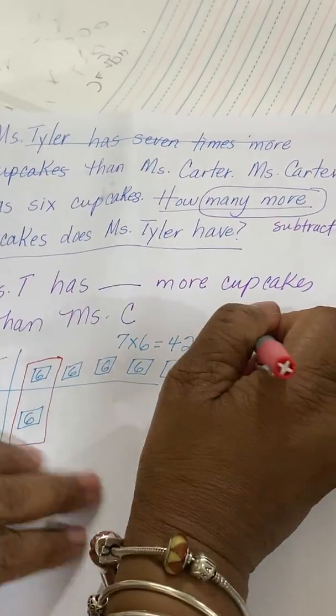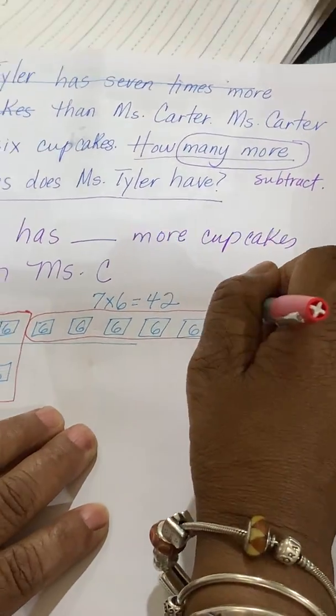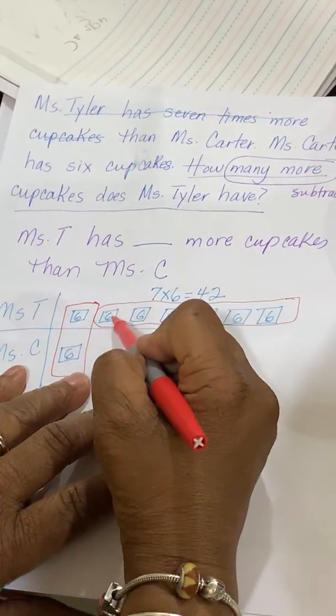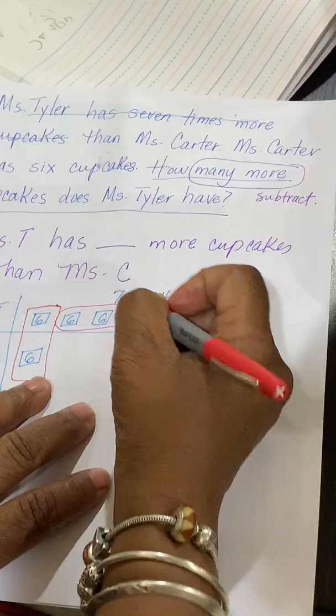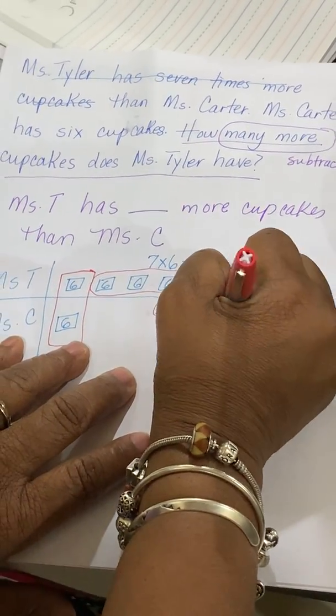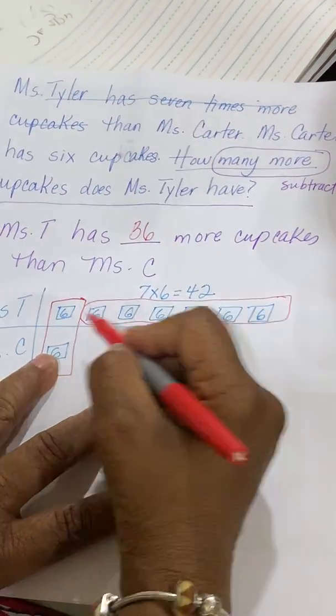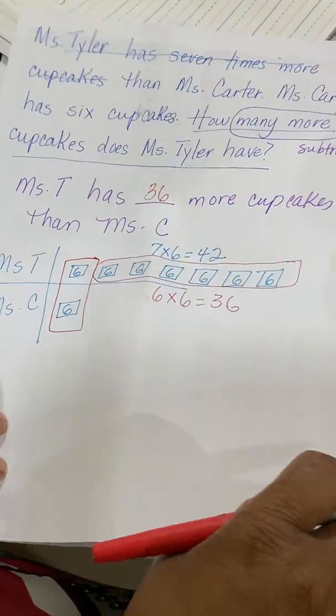And so then in order to figure this out, 6 times 6 is 36. And so the answer becomes Miss T has 36 more cupcakes than Miss C.